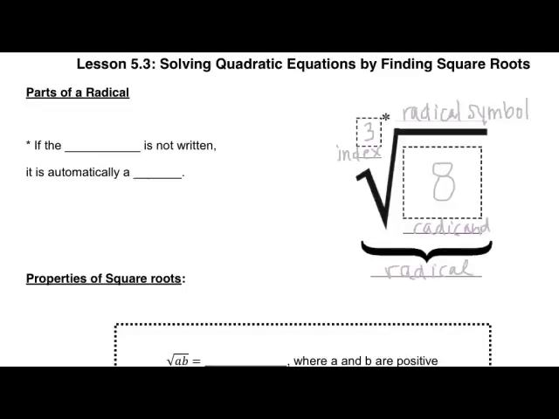Again, you are probably familiar with seeing just the square root, but we can also have different numbers as our index, and that will change the radical for us. Now the asterisk says that if the index is not written, then it is automatically a 2. And again, that's the square root symbol that you are probably most familiar with seeing.